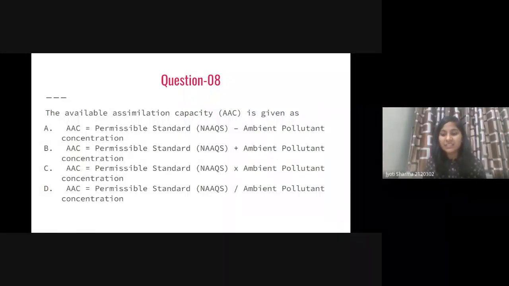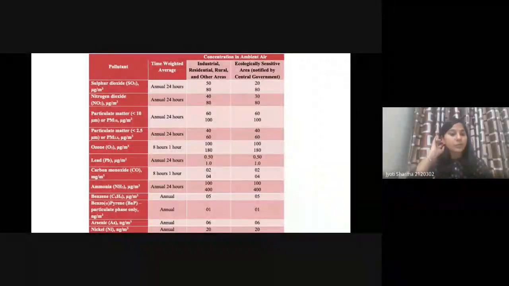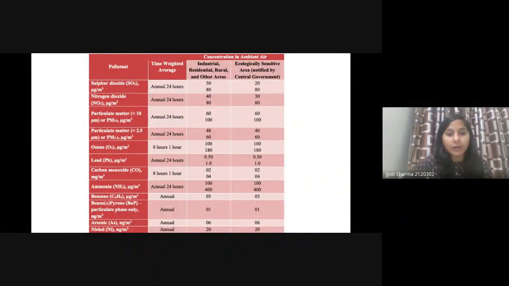So here we will see some of our pollutants that have some standard. Then we will also see what do you mean by this assimilation capacity, again with some definition. So yes, the answer is A. Okay, so how many criteria gases or pollutants do we have, for which we have given this NAAQS?